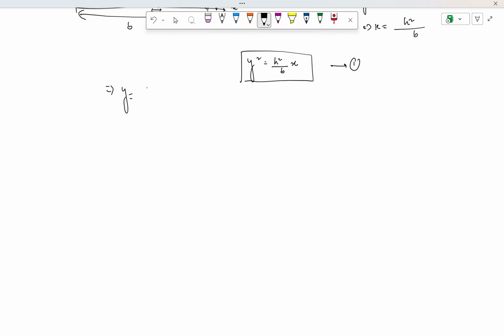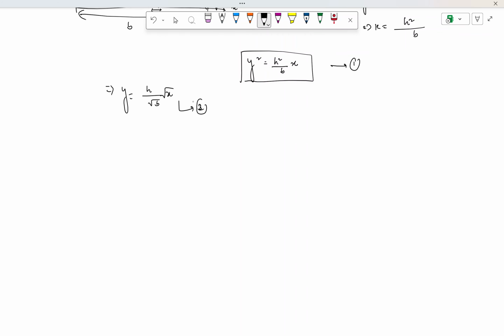So y will be equal to h by root b times root x. Equation number 2. y is expressed in terms of x. Now again, for such cases we have to choose the area element and deal with that.